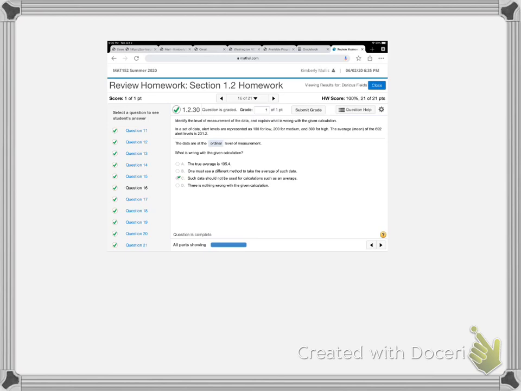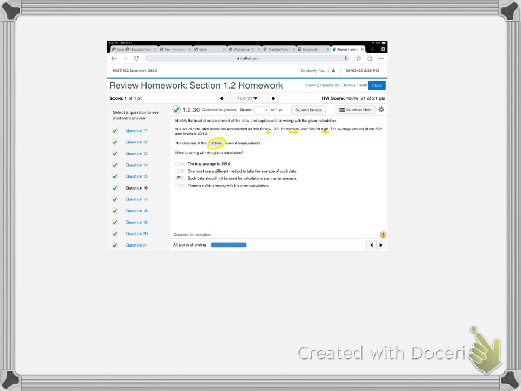In this next example, we have alert levels that are represented as 100, 200, 300, and the mean was calculated. Because we have a low, medium, and high, those are like ratings. Ratings are ordinal, always.